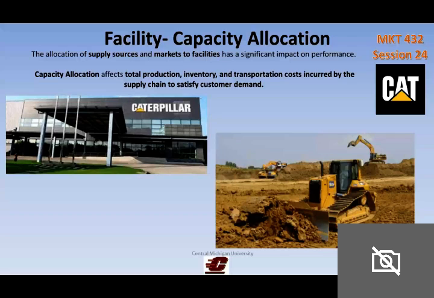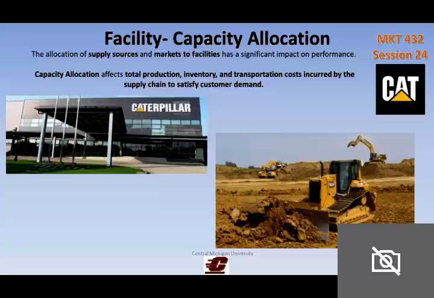Facility capacity allocation. In this example, we look at both supply sources and markets. The example here is Caterpillar. Caterpillar locates globally. They have hundreds of sites globally. However, they've expanded into China recently, both because of the growth of building and infrastructure in China, as well as the fact that they have sources there as well.